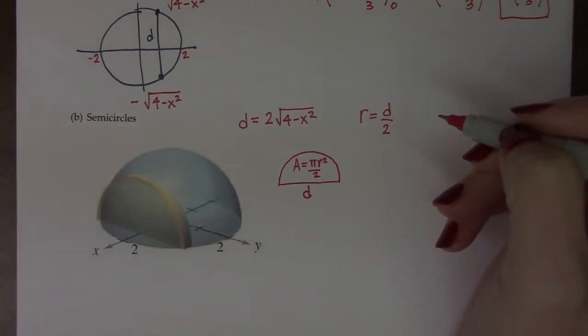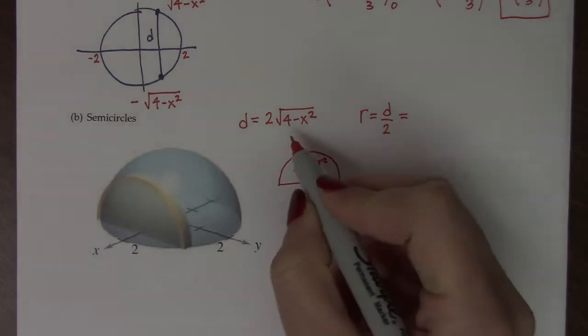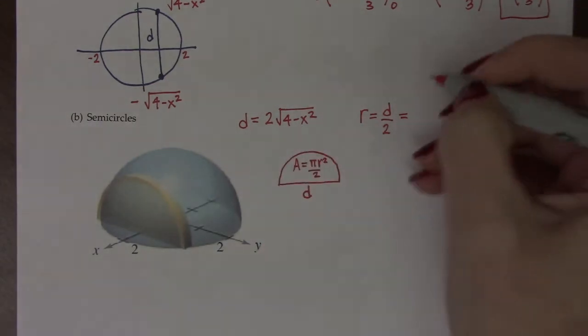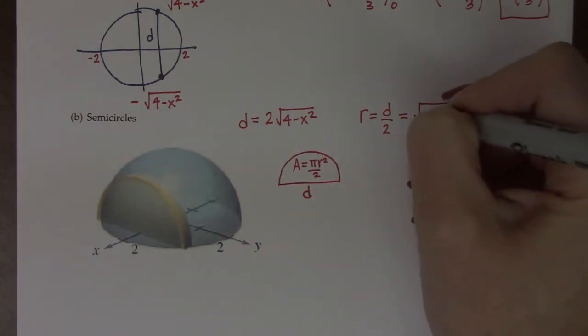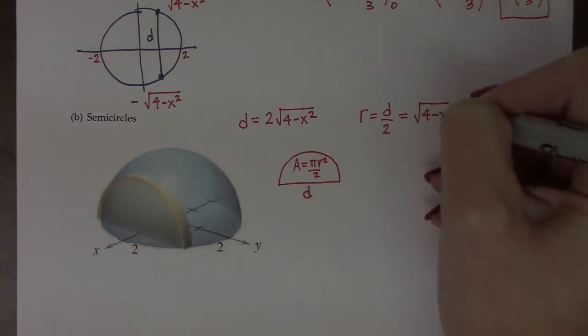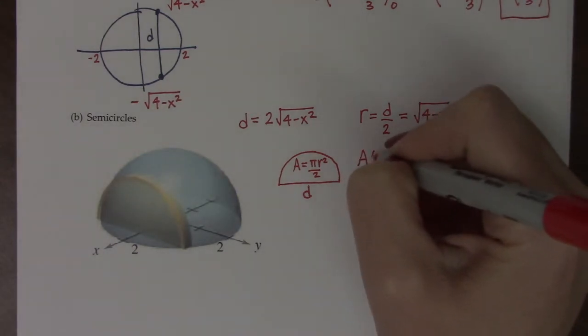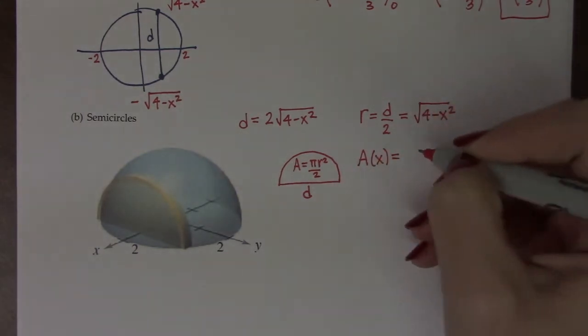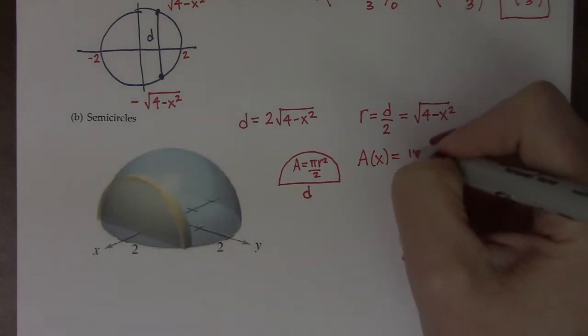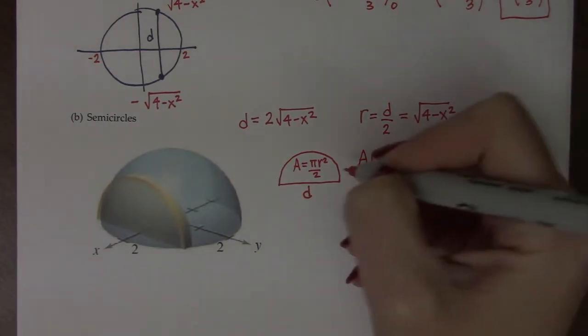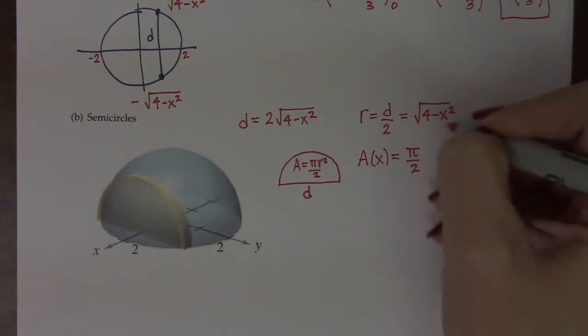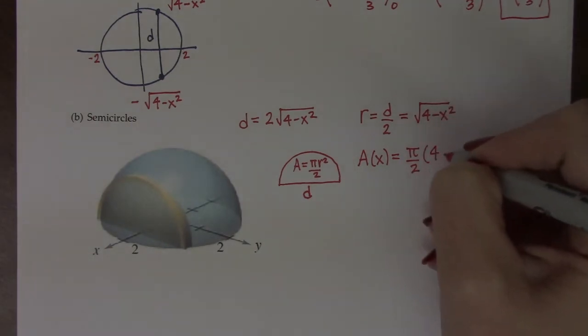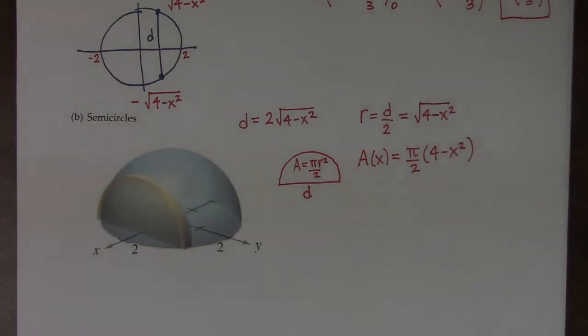The diameter is twice the radius. So if I take my d expression here and I divide by 2, it just returns the radical itself. So this means my function as an area of x, or as a function of x, excuse me, is going to be pi over 2 times r squared. Well, when we square the radical, we just get back what's inside.